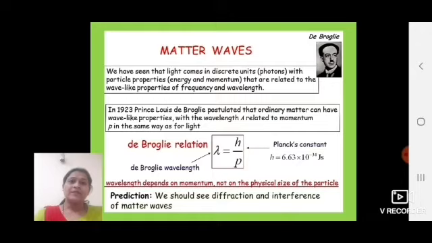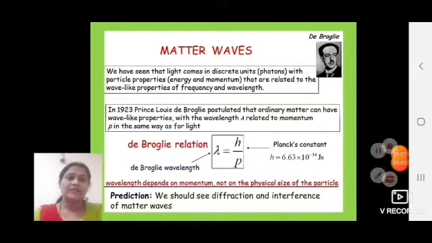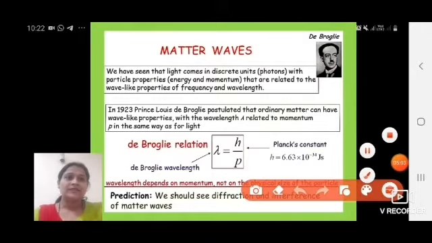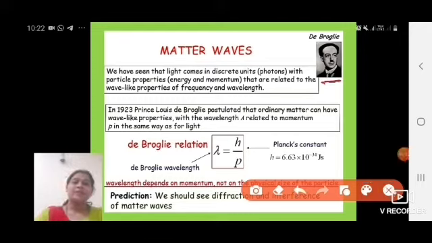Here, look, this is de Broglie's relation. He is de Broglie, who proposed these matter waves in 1923. In 1923, Louis de Broglie postulated that ordinary matter can have wave-like properties, with wavelength lambda related to the momentum p in the same way as for light.